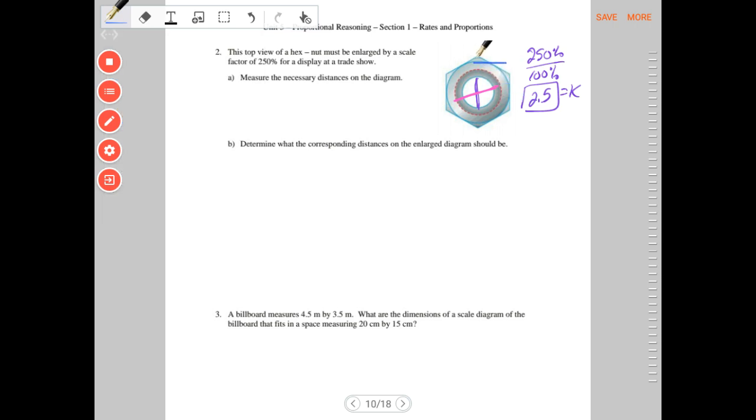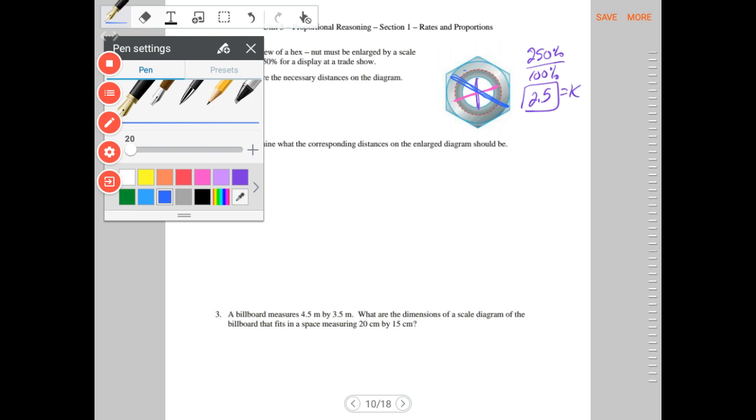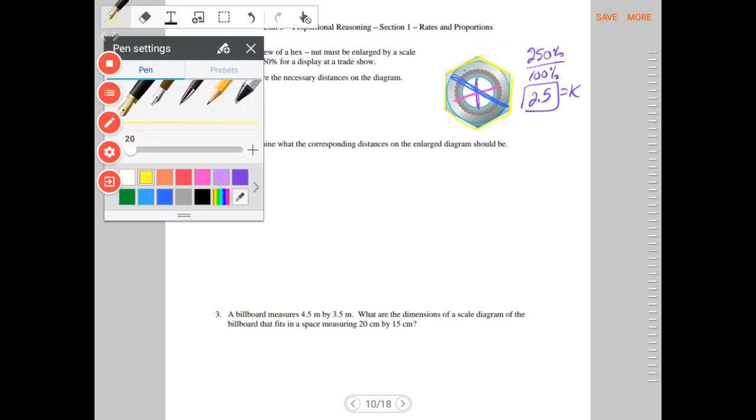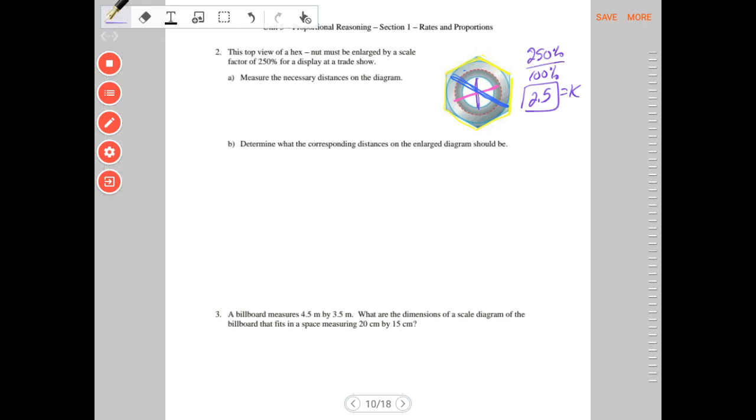The diameter of the outer circle, and last but not least, what else can we use? Oh, how about yellow? The length of the hex nut. Remember that this is a regular hex nut, so all of these should be the same. All right, so pause the video and come on back once you have all those measurements done.